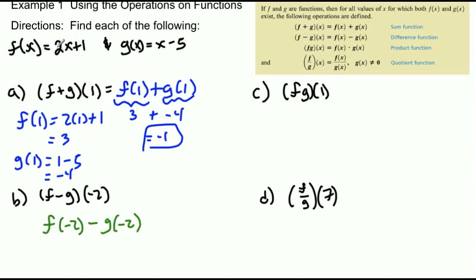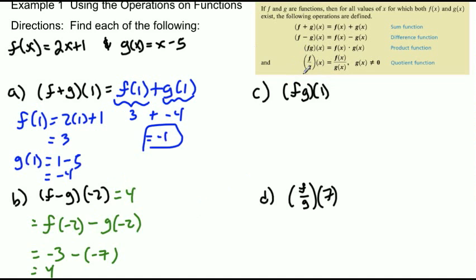And so that's 2 times negative 2, which is negative 4, plus 1 is negative 3. So this is going to be negative 3 minus, and then what's going to go in here? So if I plug in negative 2, minus 5 is negative 7. Okay, and then negative 3 plus 7 is 4. So that's what that guy would be. This guy right here would be 4.